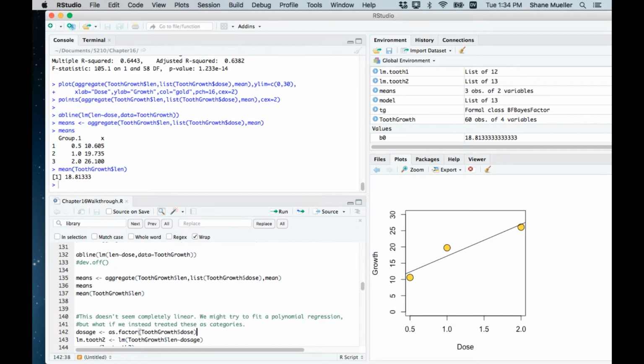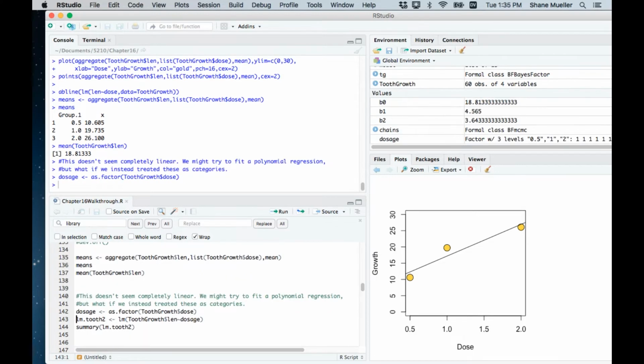And you only really want to do this if you have a limited number of doses. If dose was a continuous variable and it had 100 different levels, this doesn't make sense. But if it's a designed independent variable, this is a legitimate thing to do, because then you don't have to rely on the assumption of a linear change.